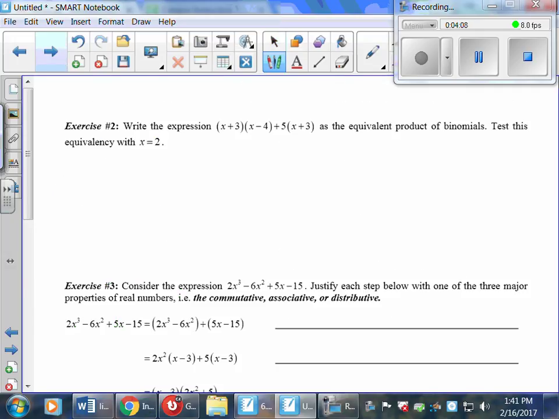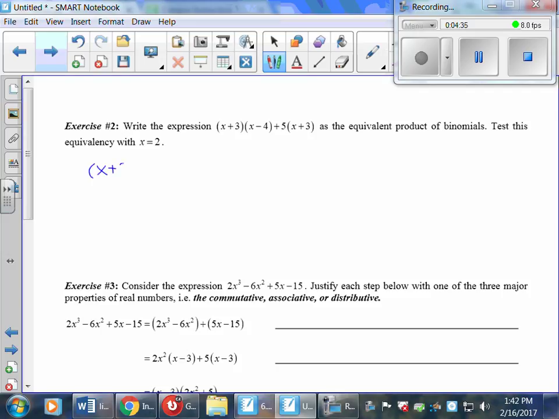Exercise 2 says, write the expression x plus 3 times x minus 4 plus 5 times the quantity x plus 3 as the equivalent product of binomials. Test this equivalency with x equals 2. So I think what they want you to do here is factor out that x plus 3. Let me write this down first. Let's start this.